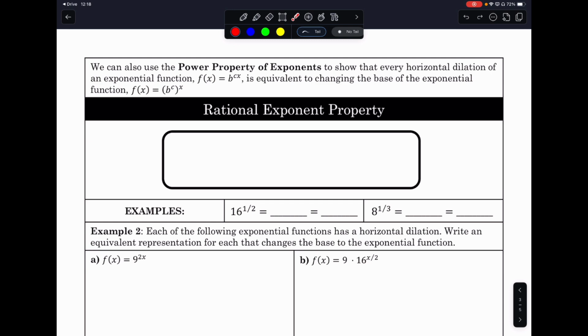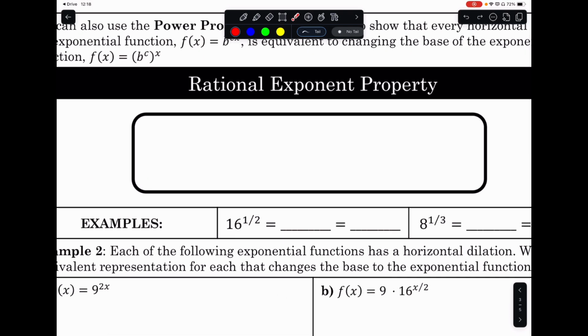So let's say we have a base, we'll call it b, and we're raising it to a rational number, n over p. If my exponent is a fraction, a rational number, this is equivalent to getting this base, raising it to the power of n, and this denominator in this exponent is the index of the root of b.